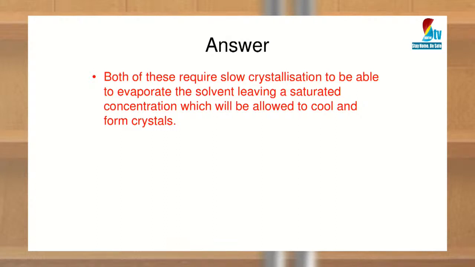And then once they cool, that is when the crystals will start forming. Remember, when you talk of crystallization, always mention that upon gently heating, there should be a saturated solution. Always mention that then there needs to be cooling of that saturated solution before crystals can then form.